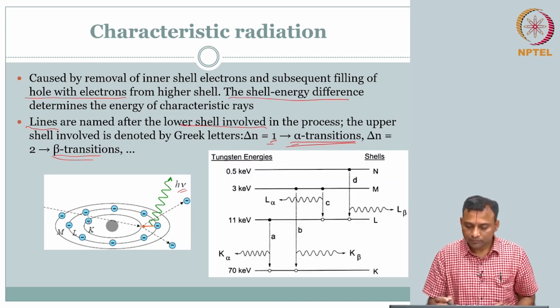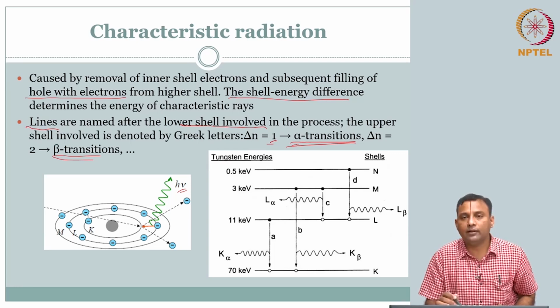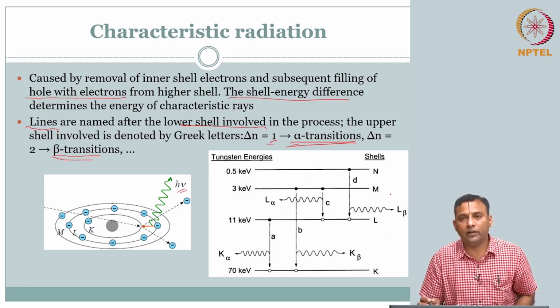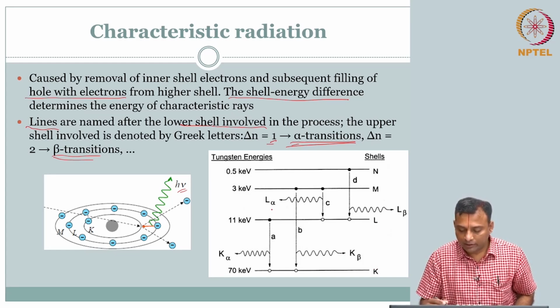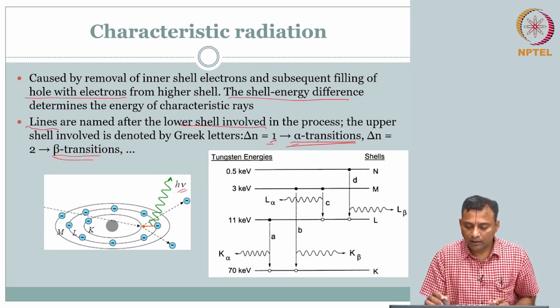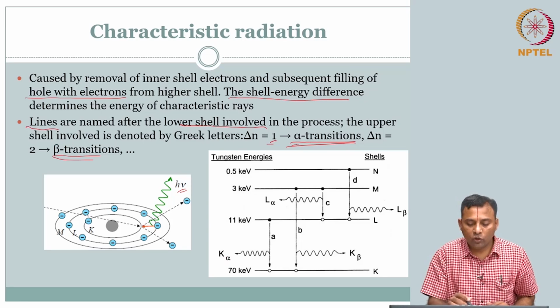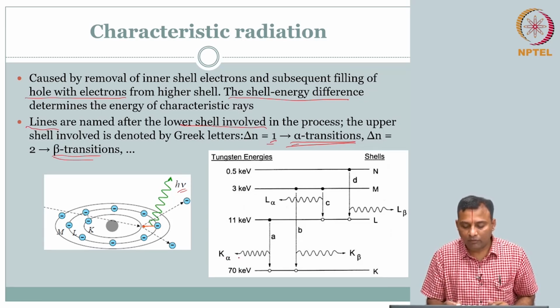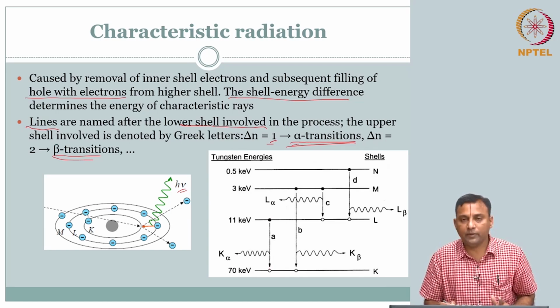So, let us see some energy levels. That is why I said, for tungsten, all these are known, each shell. So, this is your K, this is your L. If you are transitioning from L to K, you are having one jump, delta n equal to 1, which is an alpha transition, and you are using the lower shell involved, K. So, if you say K alpha, then you know you are transitioning from here to here.